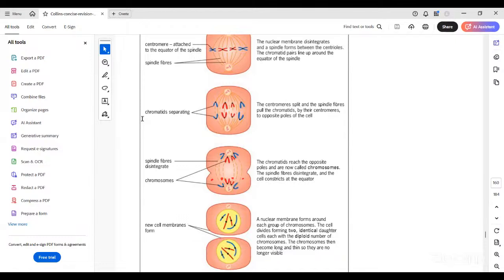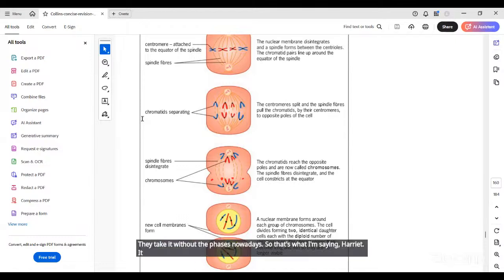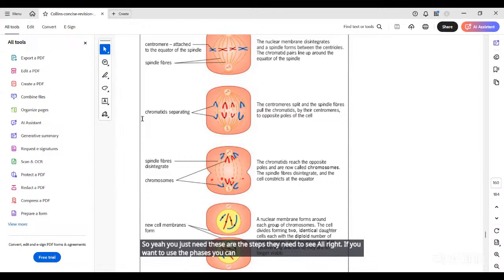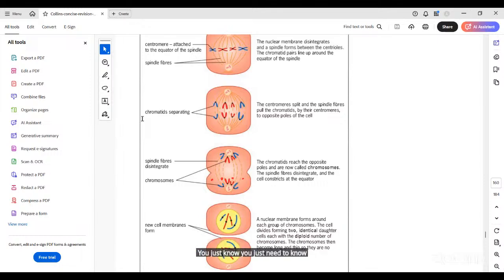So that's what I'm saying, Harriet. It's kind of a mix-up. These are the steps they need to see. If you want to use the phases, you can, but it's not required in the syllabus. Prophase, metaphase, anaphase, telophase, all of the phases are not required by the syllabus. You just need to know what happens.